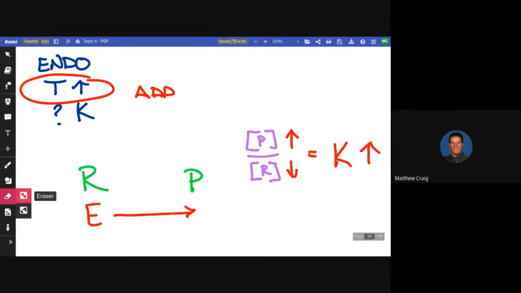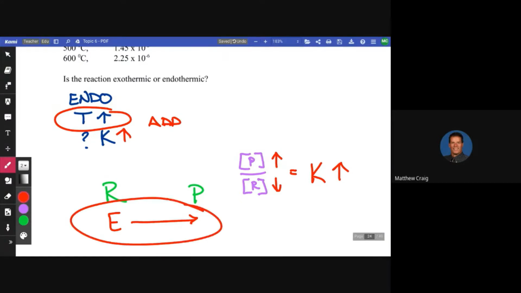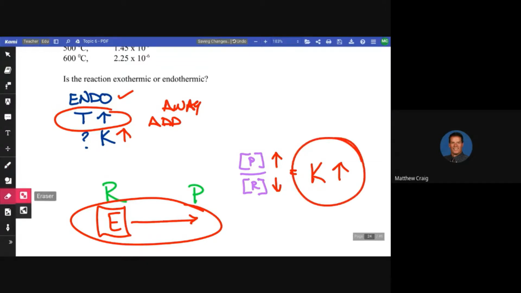Therefore, we just answered the question. K is increasing. And it's all based on that information right there. So we have energy that we know is on the reactant side because it's endothermic. You're adding more heat, so you shift away from the addition. And as a result, if we're shifting away, K is increasing.